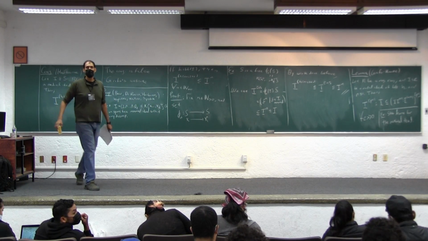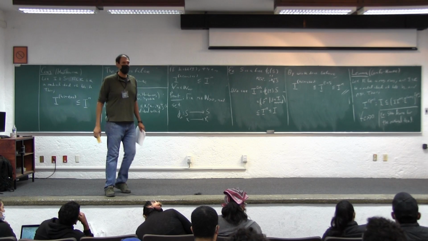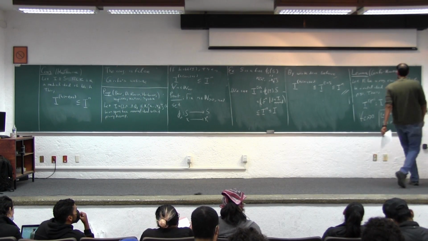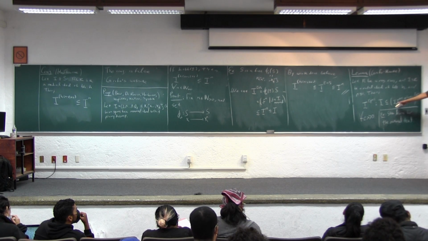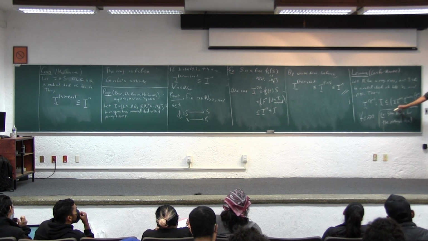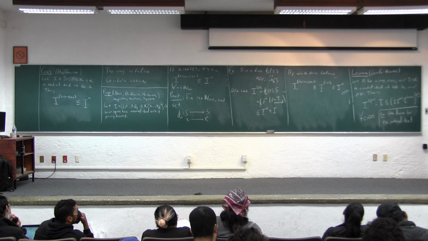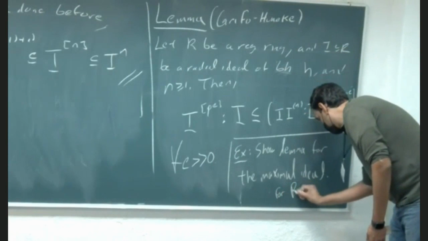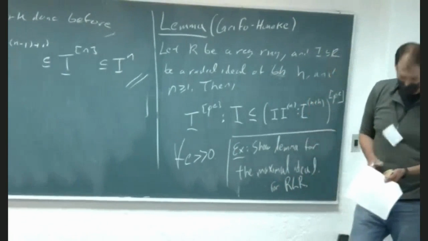No, I'm not assuming local, it's just regular. But this can reduce to the local case. In the exercise, you say show the lemma. Oh, yeah, of course, okay. For regular local, thank you. Yeah, you're right, thank you.